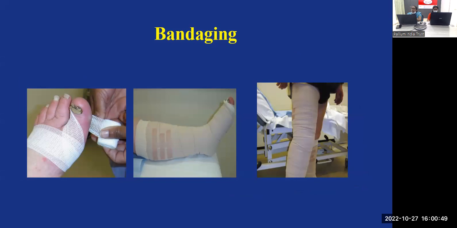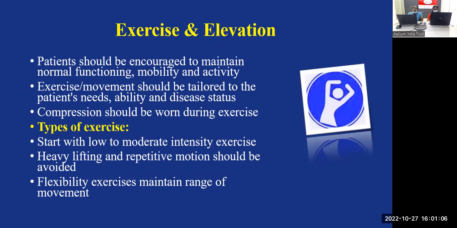Again, for the lower limbs, if they have edema, after massaging you can start with the spiral bandaging, and then if they are tolerating the spiral bandaging, you can move on to the multi-layer bandaging. After bandaging, you can do some exercise, and you have to tell the patient about the elevation of limbs. When we do the massage, most of the fluid will move up, and after that you will do the bandaging.